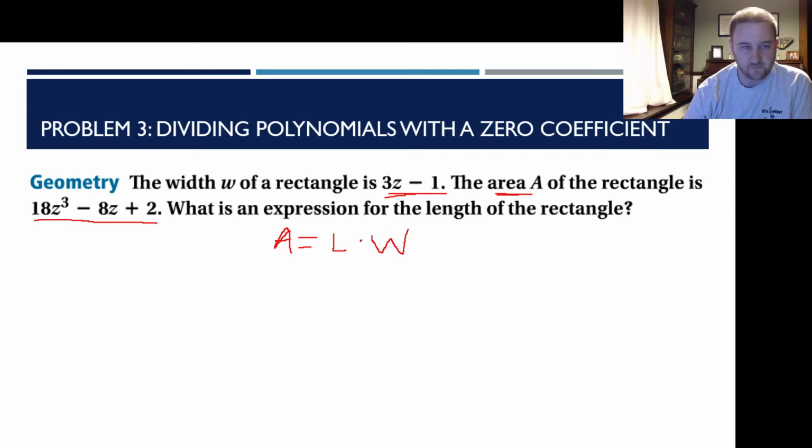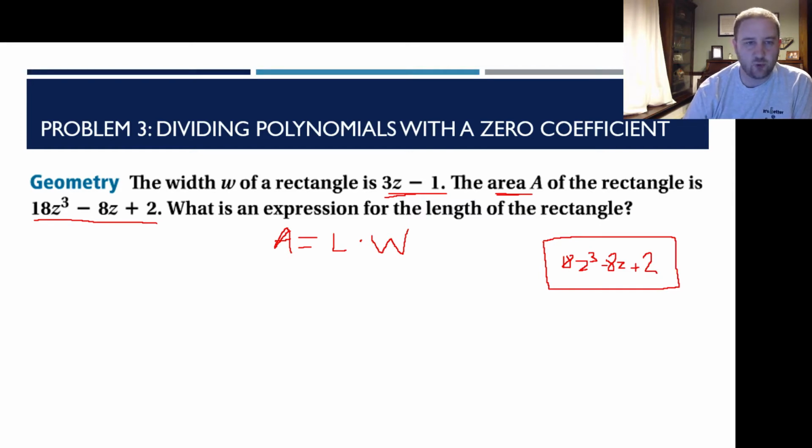We have a rectangle here, and the area is 18z cubed minus 8z plus 2. That's the area, and the width is 3z minus 1. And we want to know what the length is.